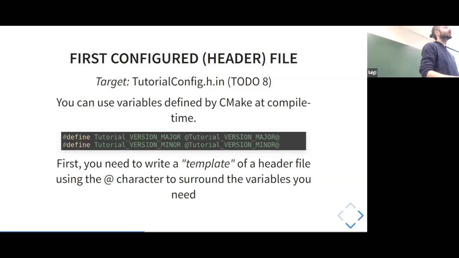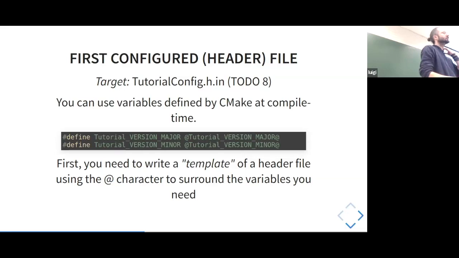So basically, before, you define the major version, then you are creating a file that is a template for your source file. So tutorial config.h will be your source file.